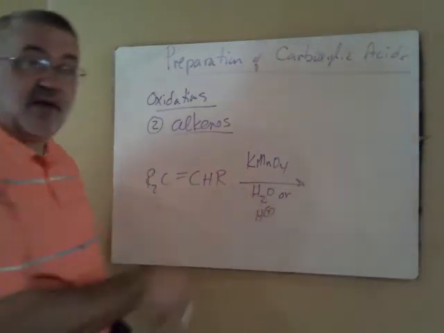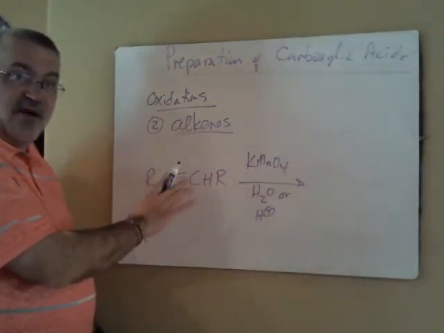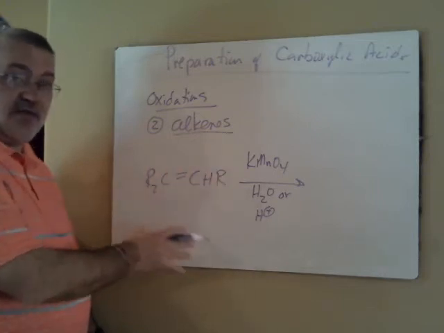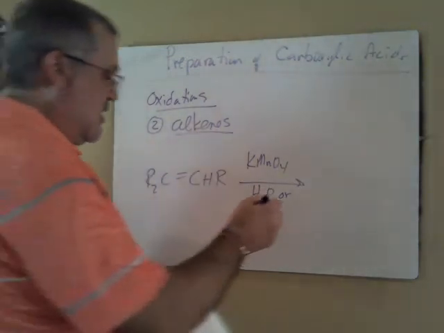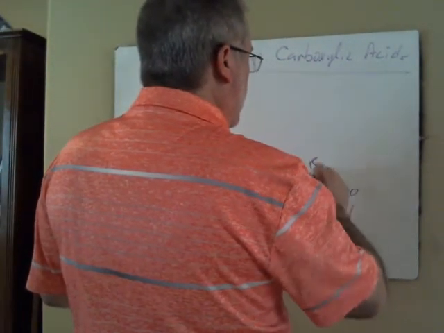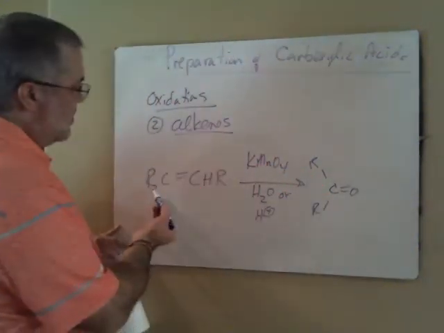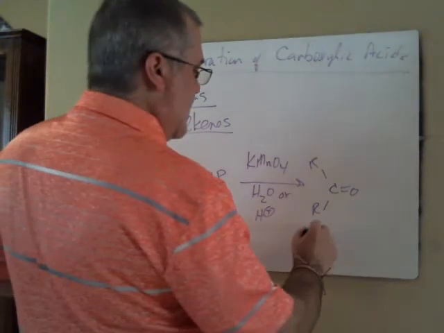Remember, it can't be basic. Basic gave the hydroxylation instead of the oxidative cleavage. So it has to be neutral or acidic conditions. You do the cleavage here. And so remember, in the cleavage, if you have two R groups attached to your alkene carbon, you end up with a ketone.